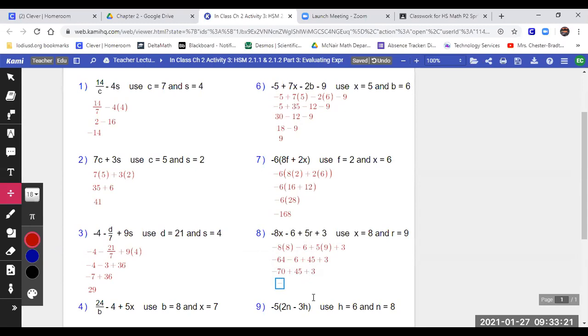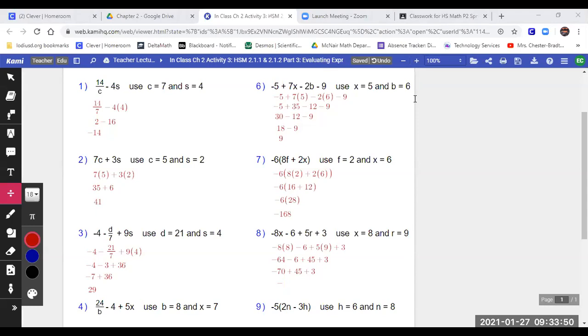-70 minus 45. What do we get? -31. -70 minus 45. I think it's going to end with a 5, right?